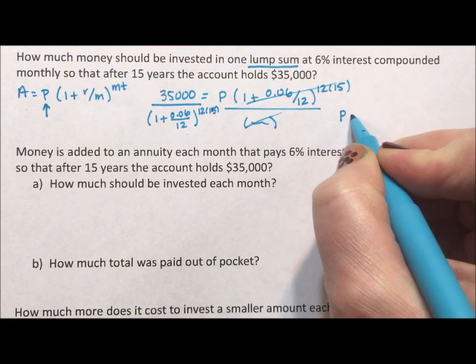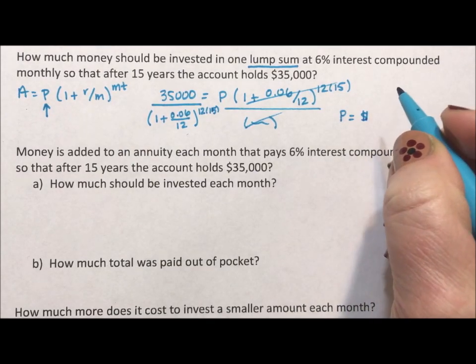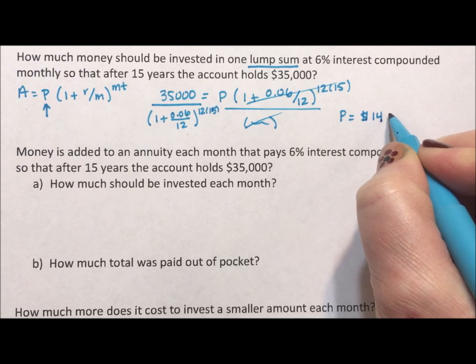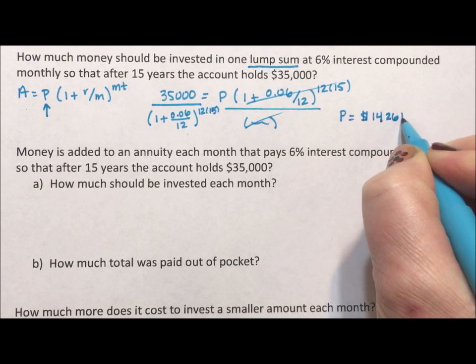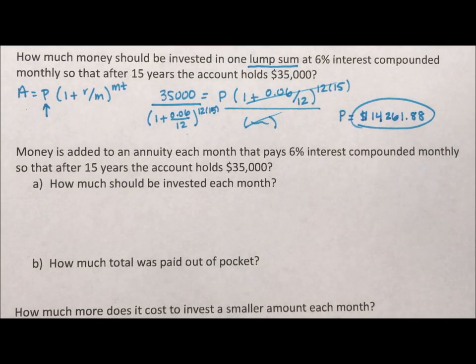And I'm going to get that the principal, the current value, the value today is $14,261.88. So that's not bad. In 15 years, it more than doubles, which is kind of cool.